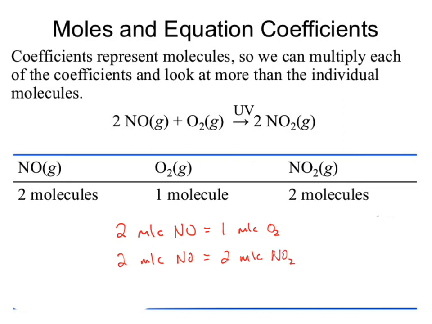And because we started down this path, we might as well finish it out. I also know that 1 molecule of O2 equals 2 molecules of NO2. Why didn't I say NO? I already have that one. That's the very first line.